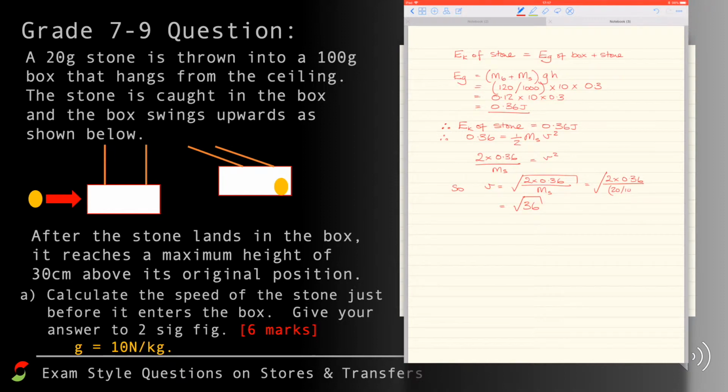So it's going to be 20 divided by 1,000, which turns it into kilograms. And that's how we get root 36. And root 36 is 6 meters per second. Oh, but it says two significant figures, so technically it should be 6.0 meters per second.